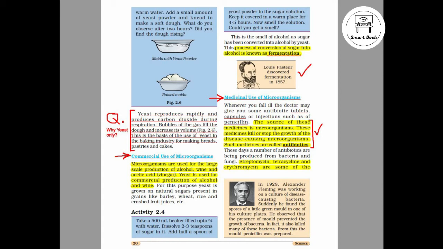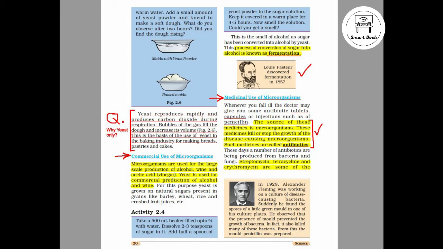After the commercial use of microorganisms, we will now learn the medicinal use of microorganisms. So we'll come across antibiotics. What are antibiotics? Antibiotics are medicines whose source is microorganisms.